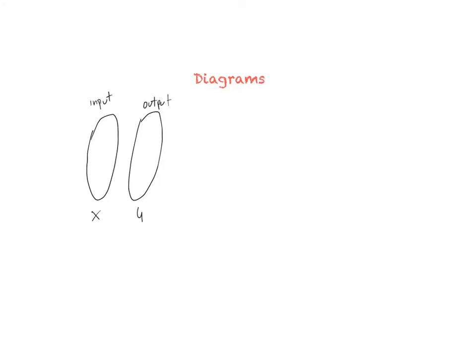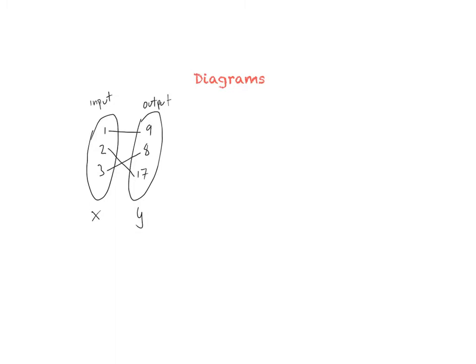So X and Y. Your input, in this case, is going to be 1, 2, 3, and your outputs, we're going to put 9, 8, 17. So if 1 goes to 9, 2 goes to 17, and 3 goes to 8, this is a great example of a function. Every single input has one output.